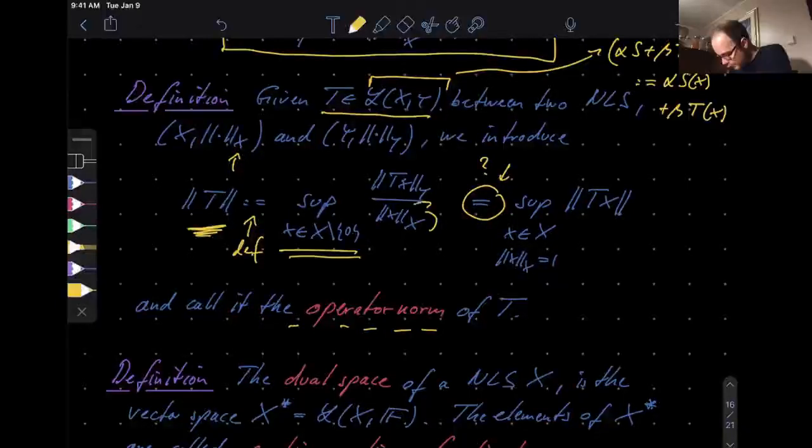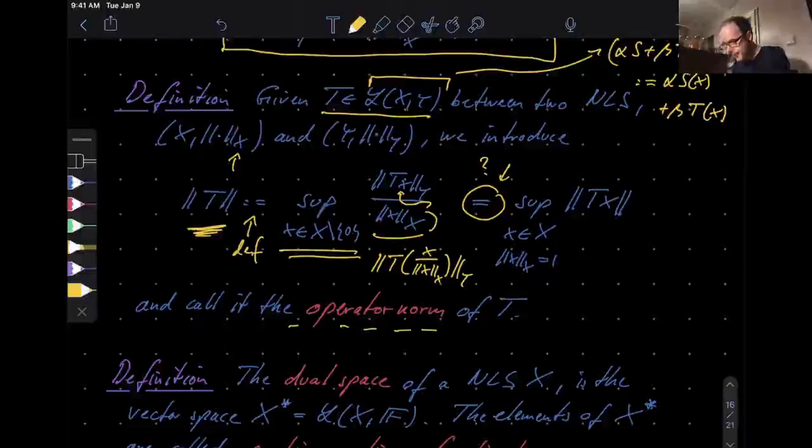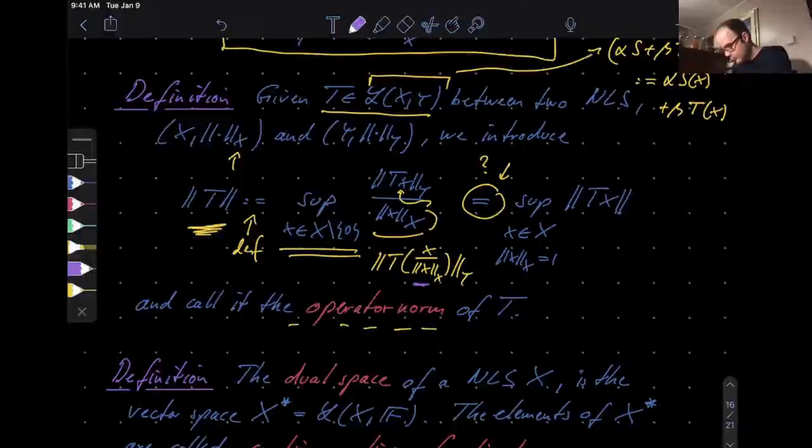You can move the denominator inside that norm because the norm is homogeneous, and then because t is linear, you can move it also inside the t. So this ratio really is t of x over norm of x in the x space, with the norm taken in the y space. But now, as you see, this quantity inside, x over norm x, has length 1. That's why you have this equality, because here you optimize over all vectors of length 1, so on the unit sphere.